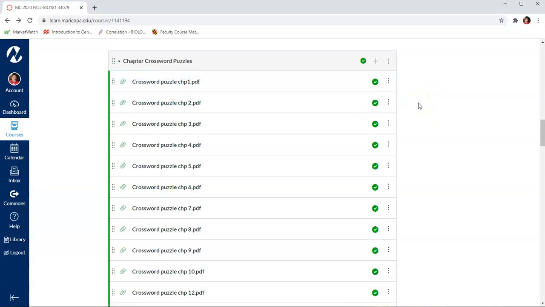This class is somewhat difficult because you're learning biology and chemistry, and you're also learning a foreign language at the same time. And that foreign language of science is Latin and Greek, and sometimes it's German. But there are some terms that you need to know because you have to learn how to speak like a biologist.